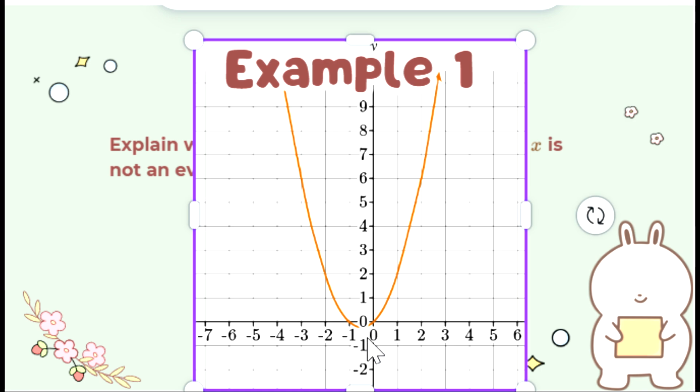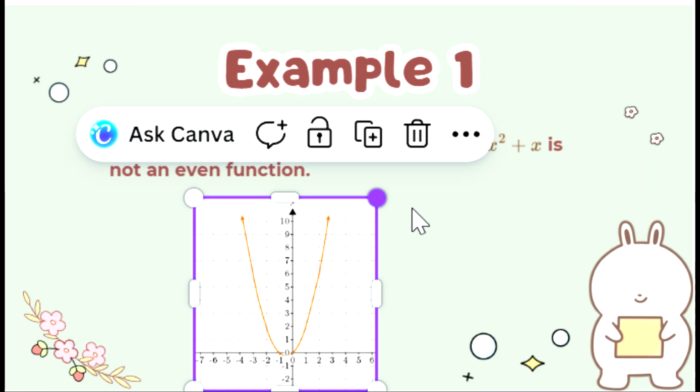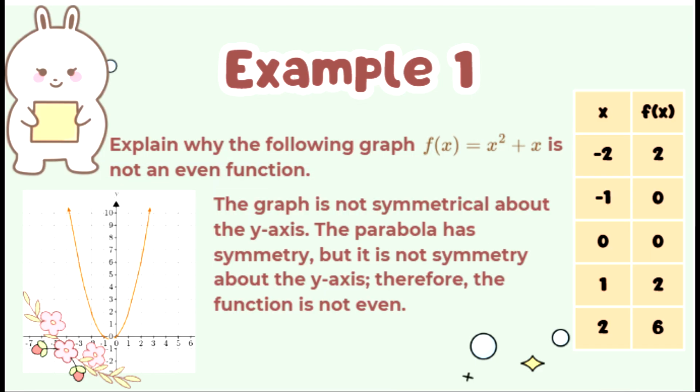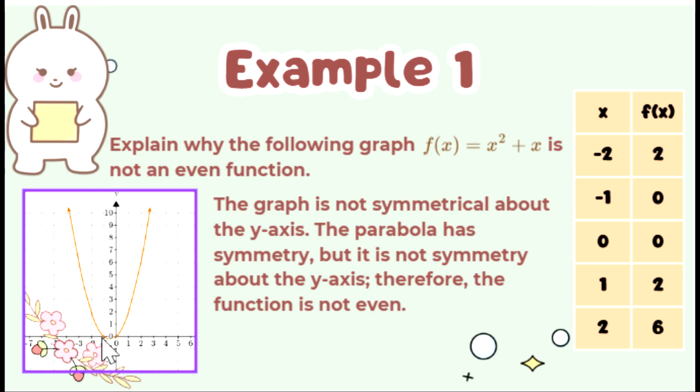If I fold this in half, it's not sitting on the y-axis. It's sitting at like negative 0.5. That doesn't work. It has to be the y-axis every single time. The graph is not symmetrical about the y-axis. The parabola has symmetry. You can fold it in half and have it match, but you can't fold it on the y-axis and have it match.